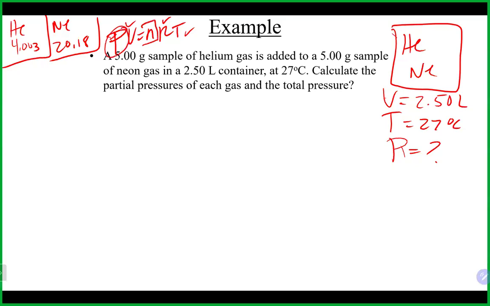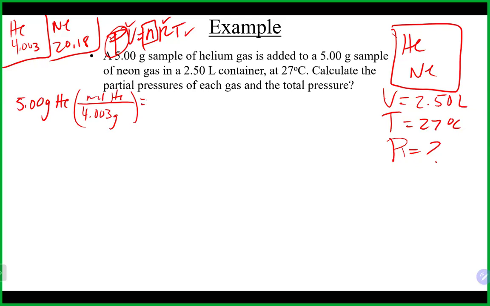We do need the moles, which we can get by converting our grams to moles here. So that's what we also want to do. So we'll start with our 5 grams of helium. We'll use the molar mass from the periodic table, 4.003 grams per mole of helium.